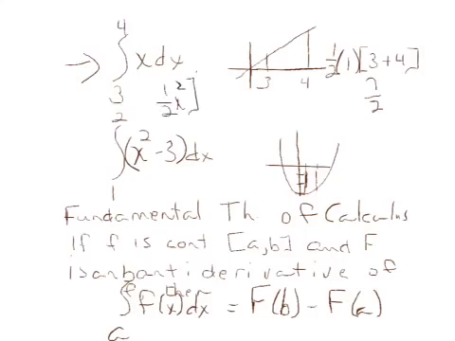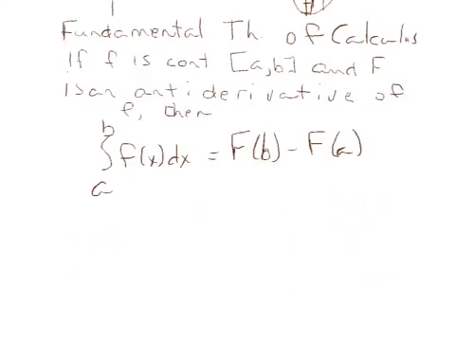And if I evaluate that at 4 and at 3, I'm going to get 16/2 minus 9/2, which is the same 7/2 that we got before. Now, the fundamental theorem of calculus is one of those theorems that we use over and over and over again. I can't stress enough that it's F of b minus F of a, not the other way around.